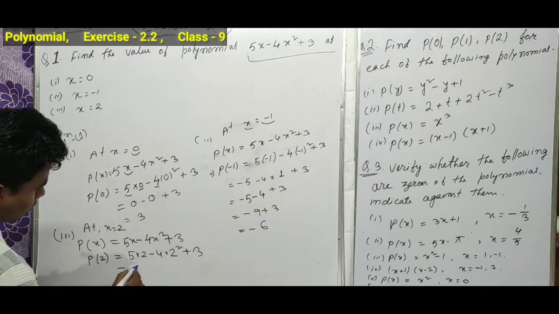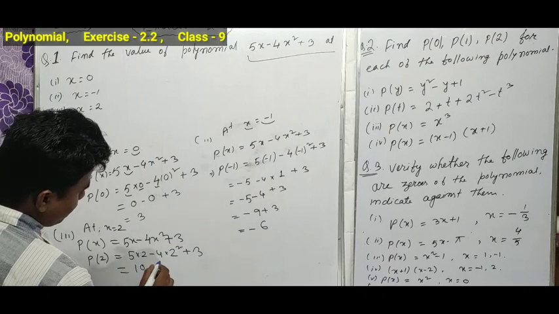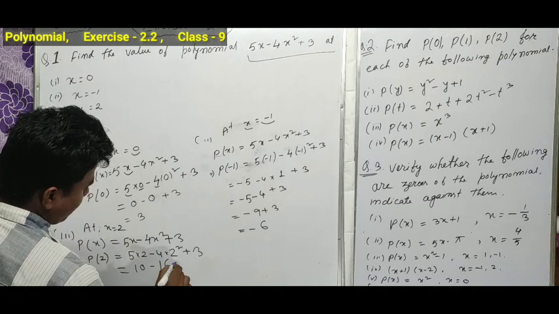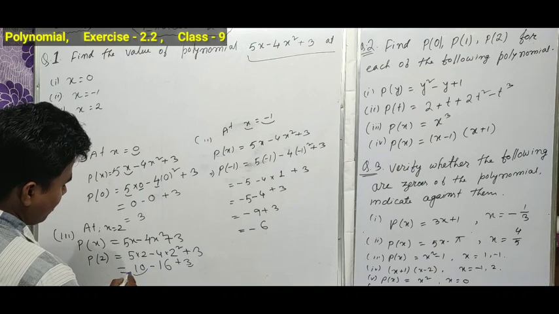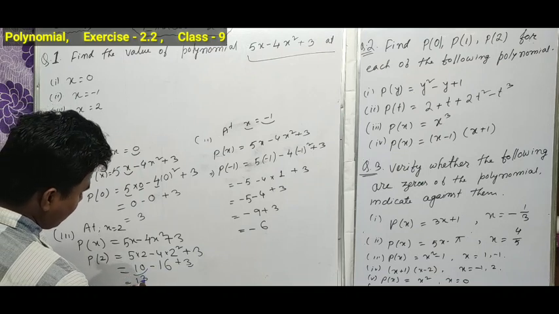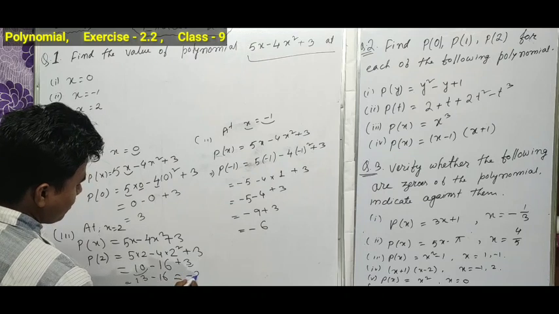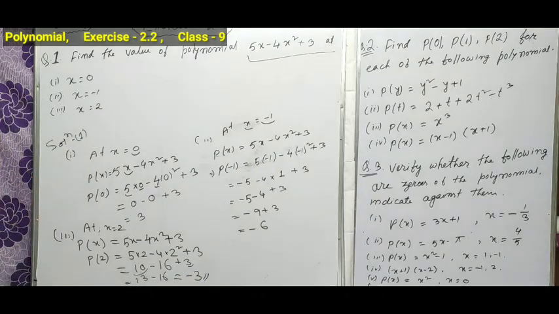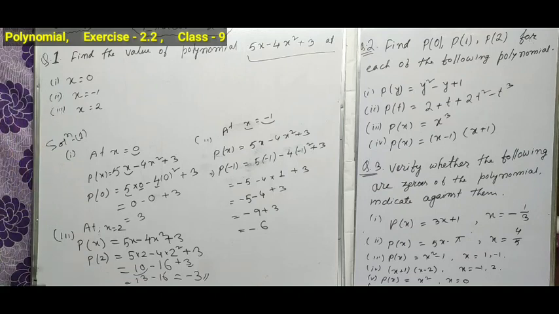Next, 5 twos are 10, minus, 2 twos are 4, 4 fours are 16, plus 3. 3 and 10 make 13, minus 16, so the value that comes is minus 3. This is the solution of number 3. Hope you understood this one, it's very simple.